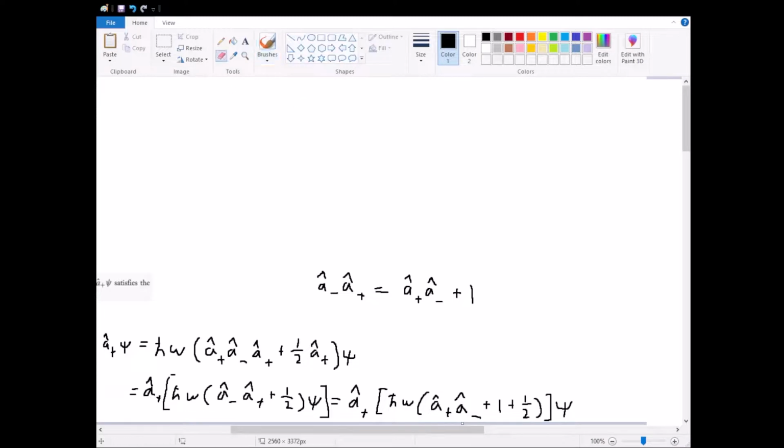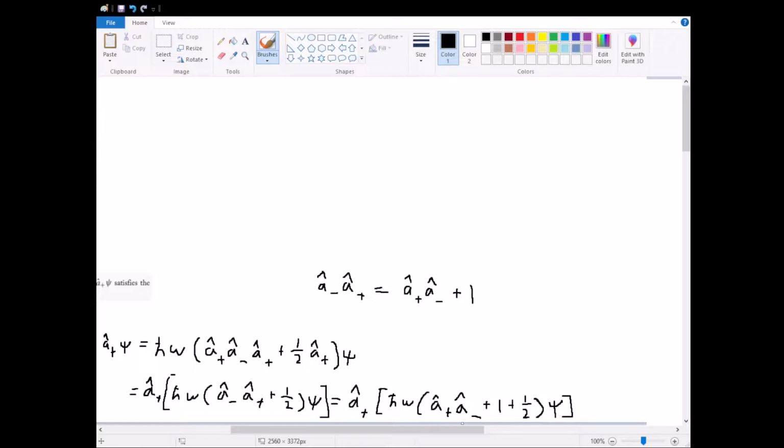Well, psi should not be outside of the parentheses. It should be inside. So that's my mistake. This whole thing is multiplied by psi, and then we close off the brackets like this.